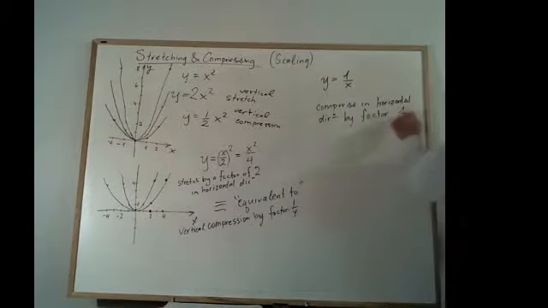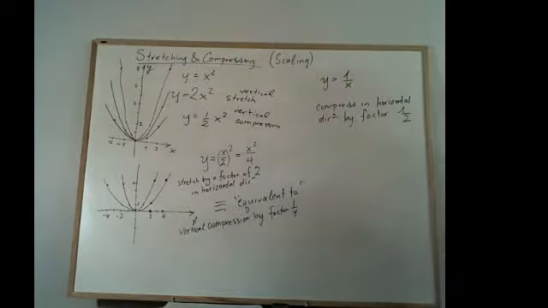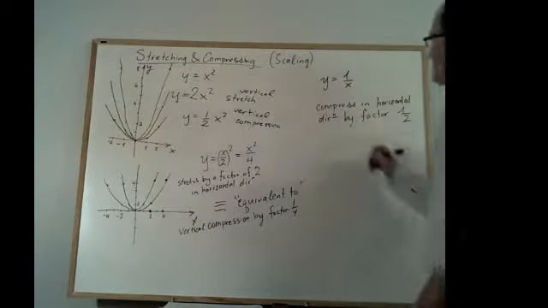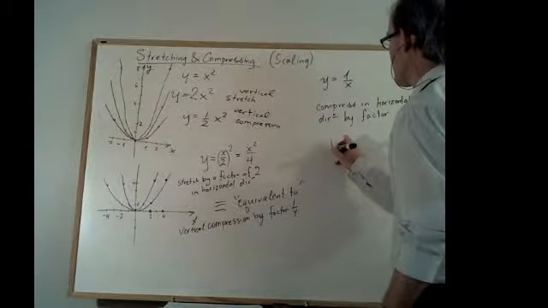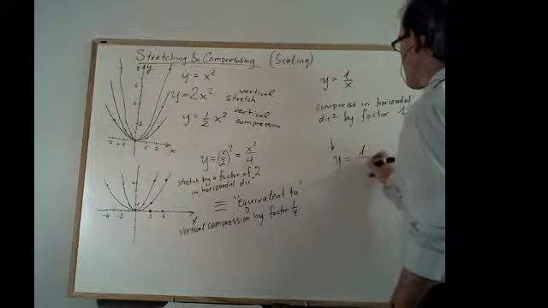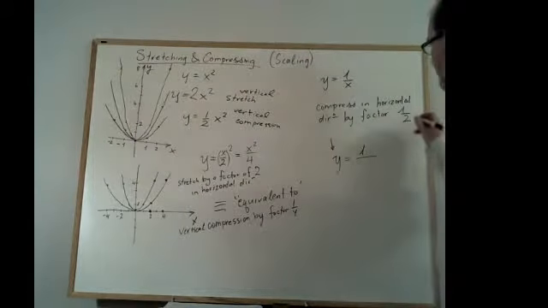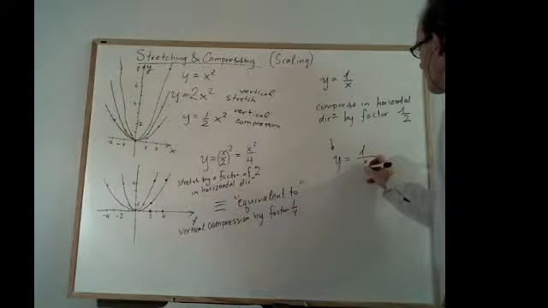So compression is always referring to a factor that's less than 1 in absolute value. A stretching is referring to a factor that's always greater than 1 in absolute value. So if I compress in the horizontal direction by a factor of 1/2, then I have to take x and divide by 1 over 2.